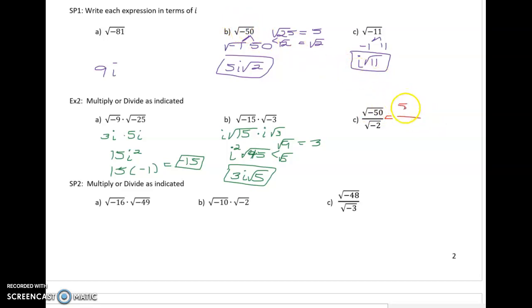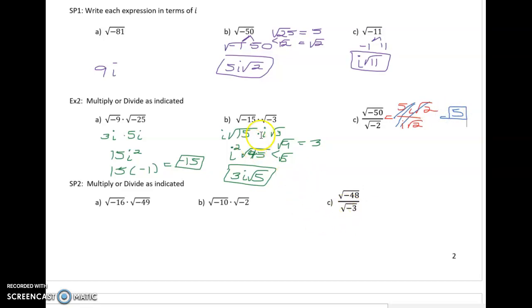That's going to give us 5i radical 2. If I work out the bottom, that's just going to be i radical 2. And then, just like other division problems, the i divided by i divides off, the radical 2's divide off. And your final answer is just 5.